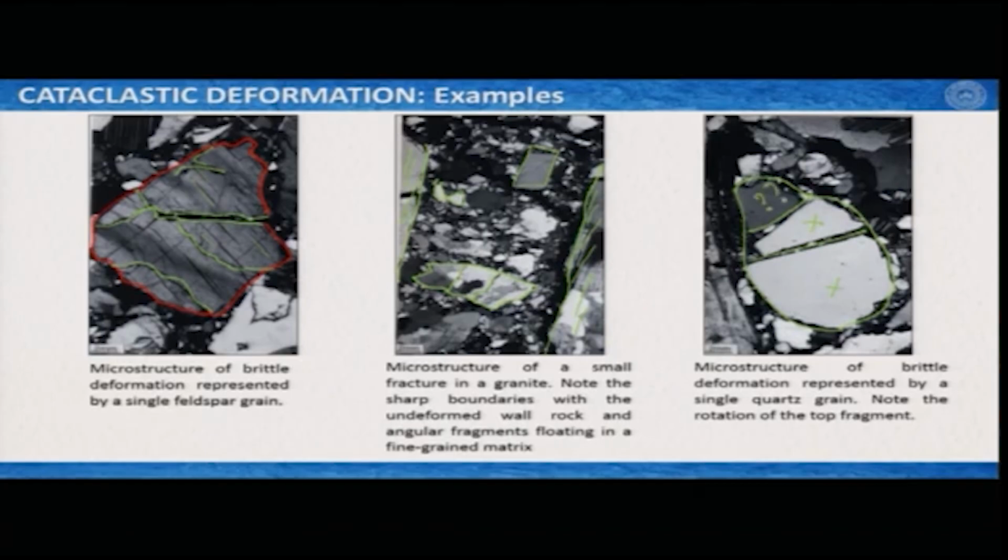So, you can ask how do you say that this is a single grain? This can happen: even a single grain after fracturing may show a different color, at least in this case the shades, and this is because the grains may have rotated. Therefore, within a single grain you see a different color because it has rotated, and therefore its orientation got changed and we see a different color. You must have learned this in your optical mineralogy lectures.